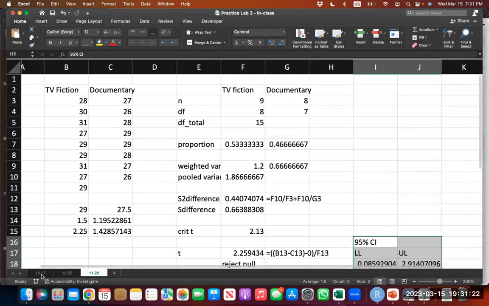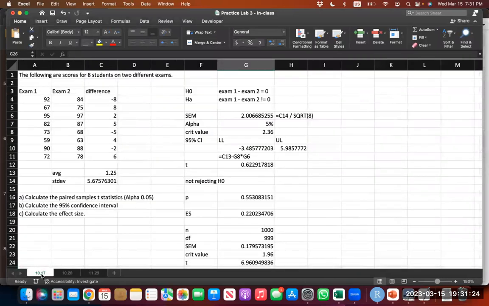I was trying to do the confidence interval, but I got this number instead of what you got. That is interesting. You're not subtracting it. Is that right? I thought you're subtracting and then have your minus 27.